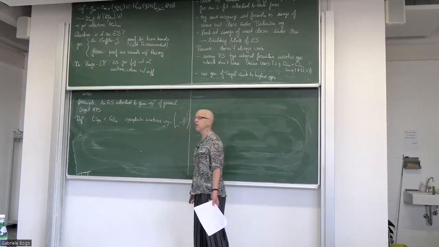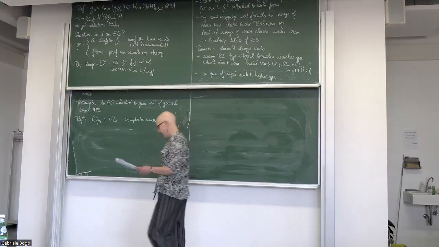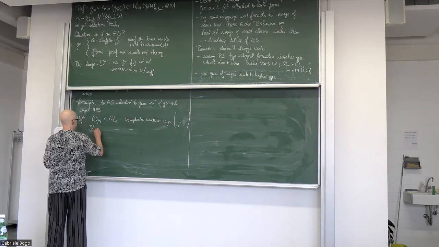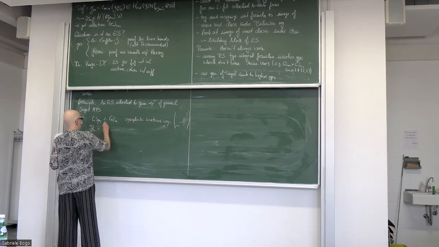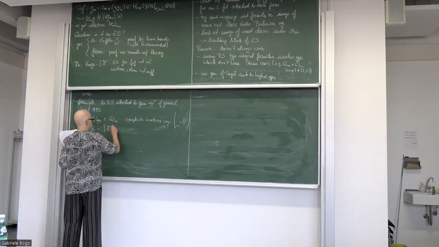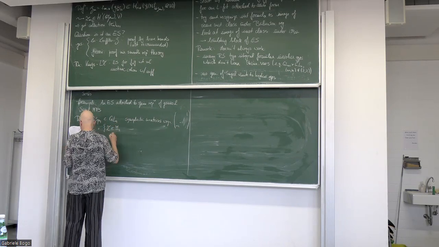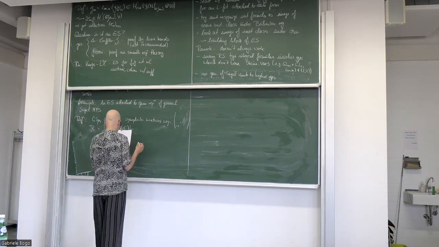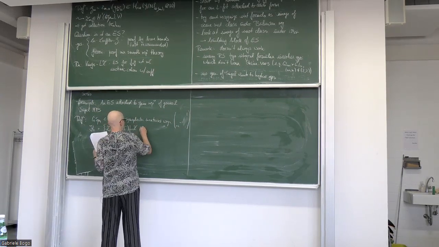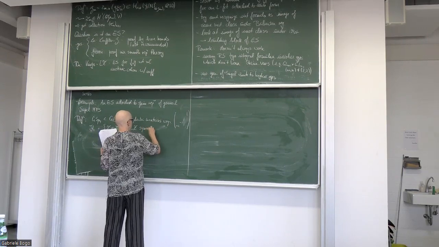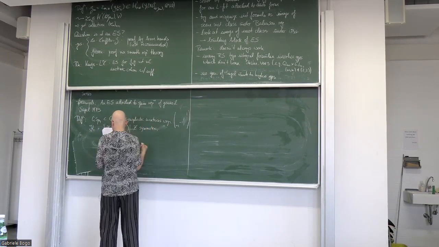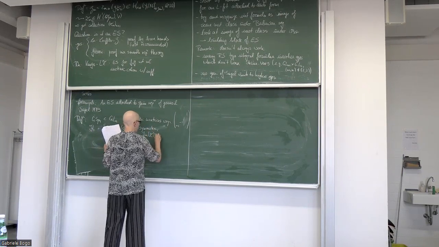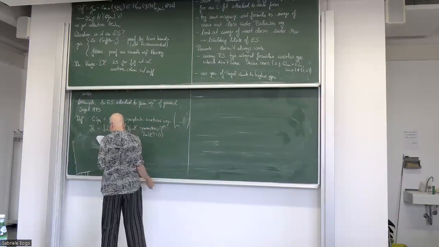We need an analog of the upper half plane. This is the Siegel upper half space. We define H2 to be the set of Z, which are 2 by 2 matrices where Z is symmetric and the imaginary part of Z is greater than 0.